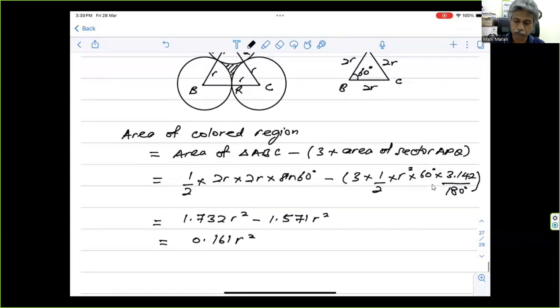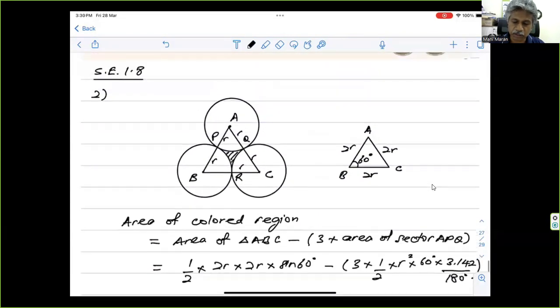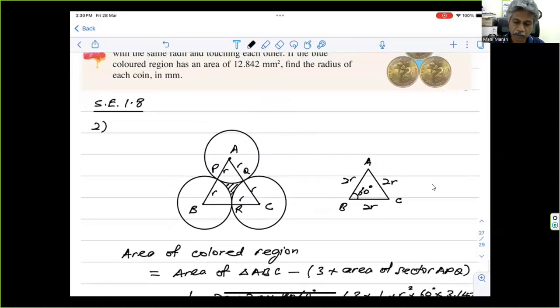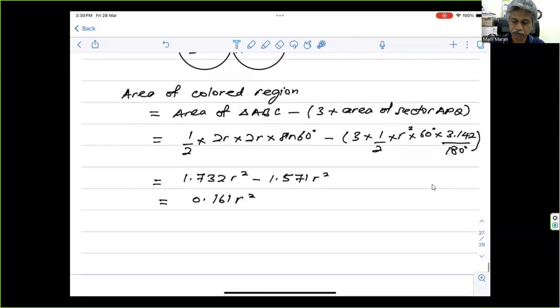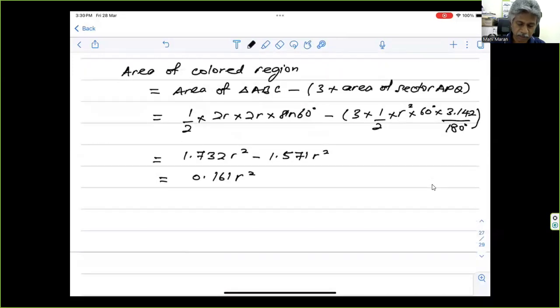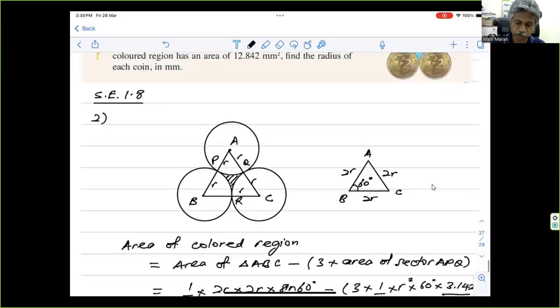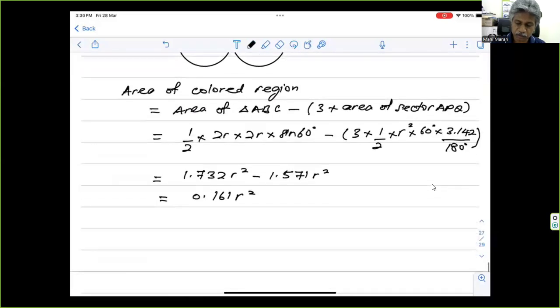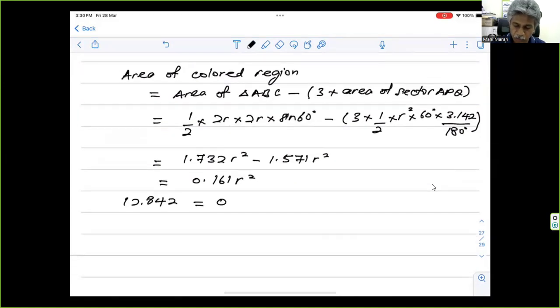But you are given the area of the color region. If you look at the question, the area of color region is already given. That is 12.842. So 12.842 is your area of color region, and that is equal to 0.161 R square.